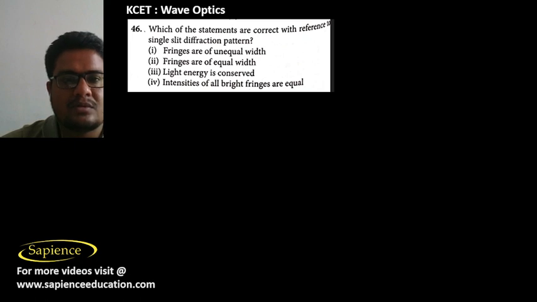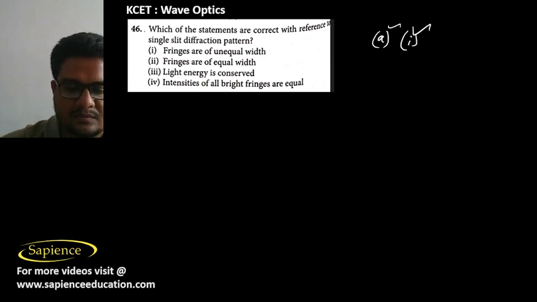So this is wrong. So fringes are of unequal width. So option A, or I can say option 1, is the correct answer. The fringes are not of equal width.